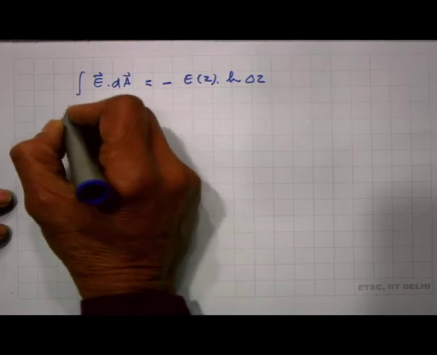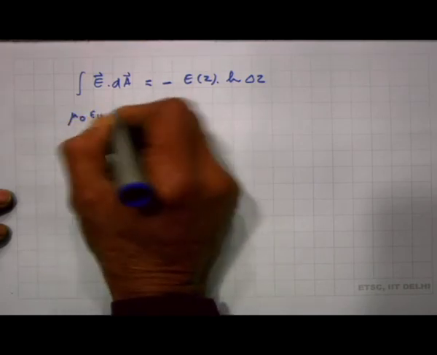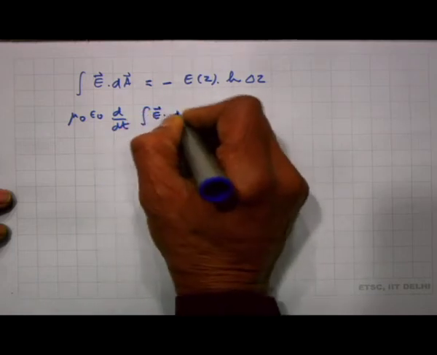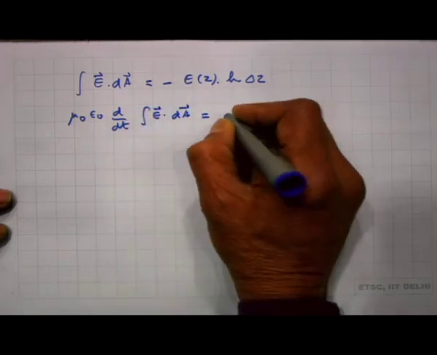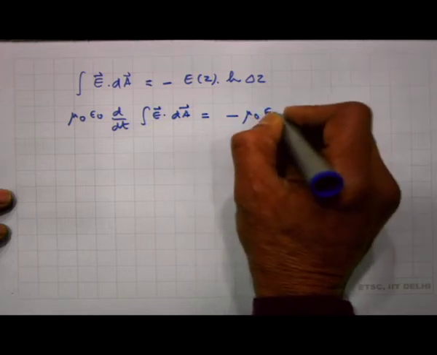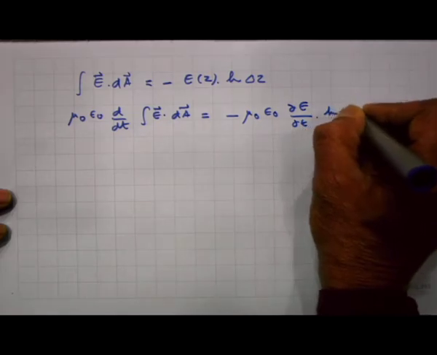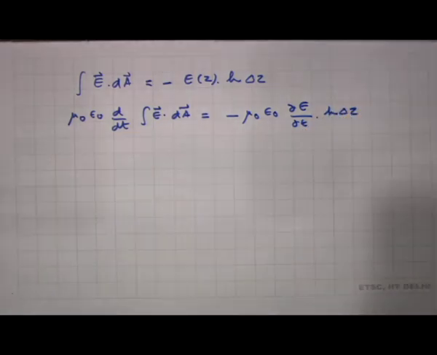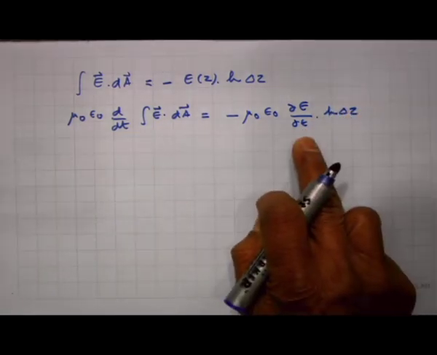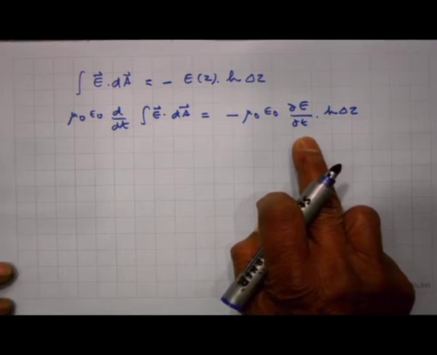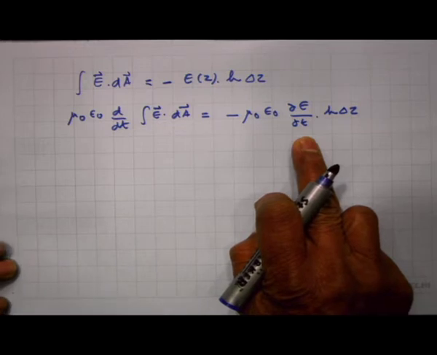So, mu naught epsilon naught d by dt of integral E dot dA will be equal to minus mu naught epsilon naught del E by del t into h delta z. Again I am writing a partial derivative, because the electric field is a function of both position z and time, and this derivative is only with respect to time.